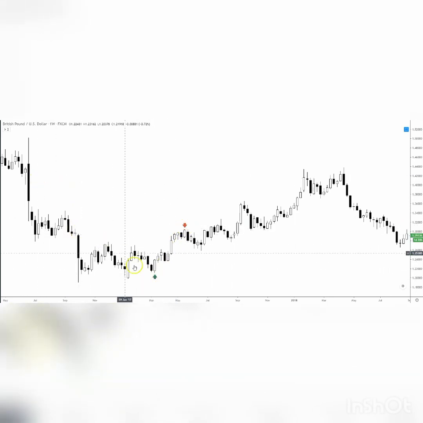Let me give you a few examples so you get the picture. So now this here becomes the higher low, and this here becomes the higher high. Then this here becomes the higher high, higher low, and this here becomes the higher high.